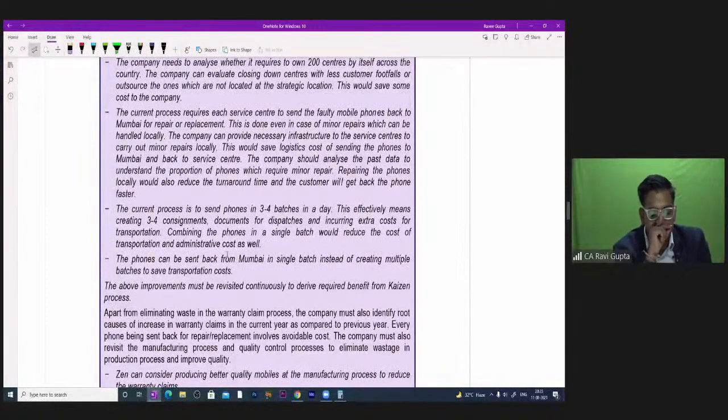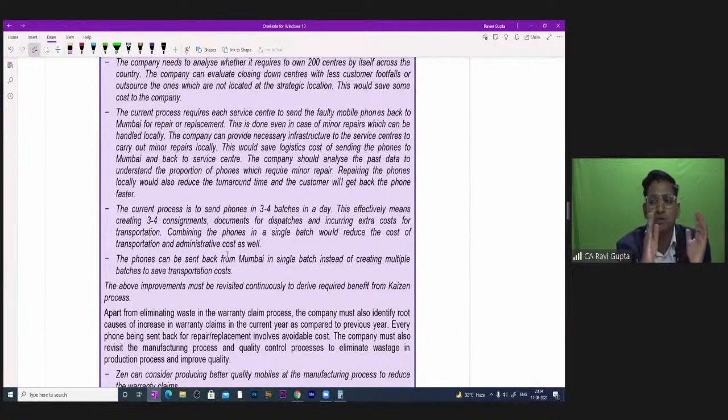Sir, if we are preparing an improvement in financial position statement, then what is the need of preparing a cost of quality report? Okay, that means you are saying that when we have prepared a net benefit statement, why do we need to show the cost of quality? See, Namita, there is no such requirement that you should prepare a cost of quality report. But previously your customer was not purchasing or not loyal to you, because you were facing quality issues.